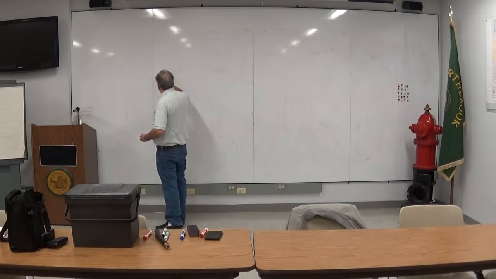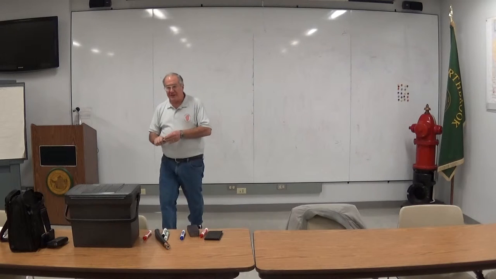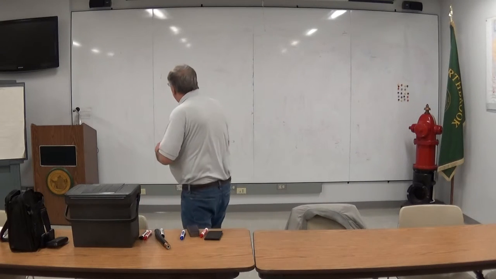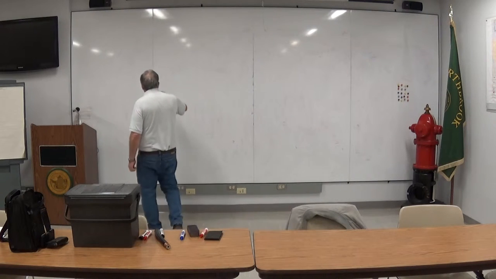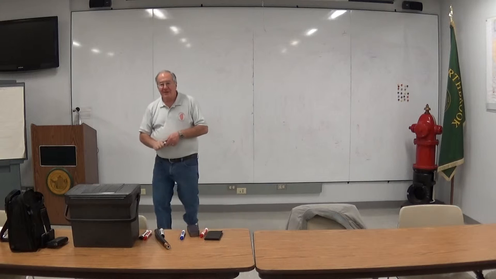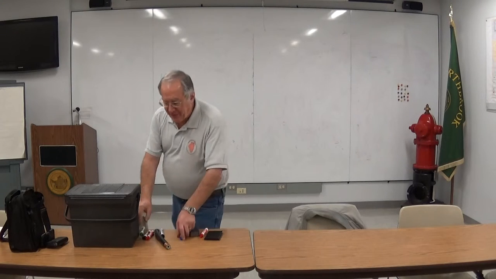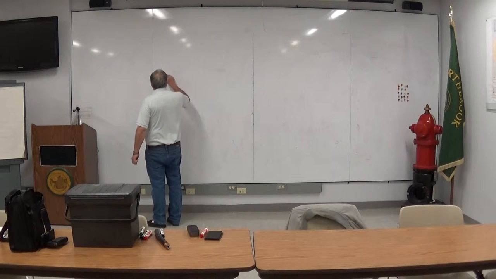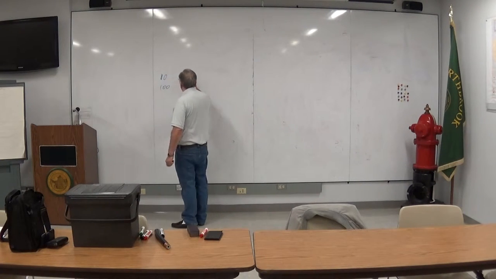If I want to multiply, I have to switch back to a non-black color. Let's go back a little. If you wanted to multiply 10 times 100, knowing that 10 is equal to 10 to the first power, 100 is 10 squared.